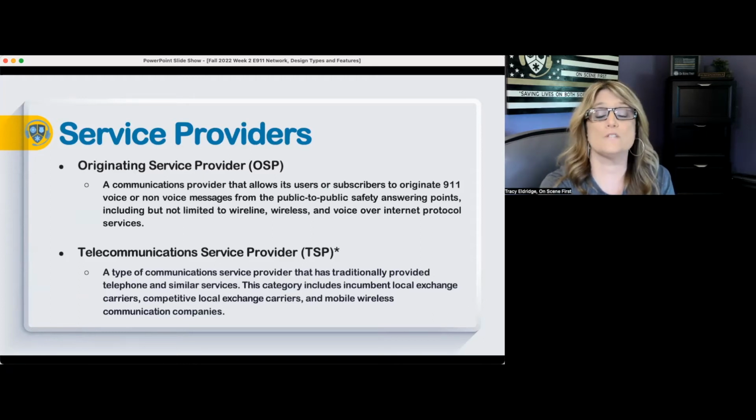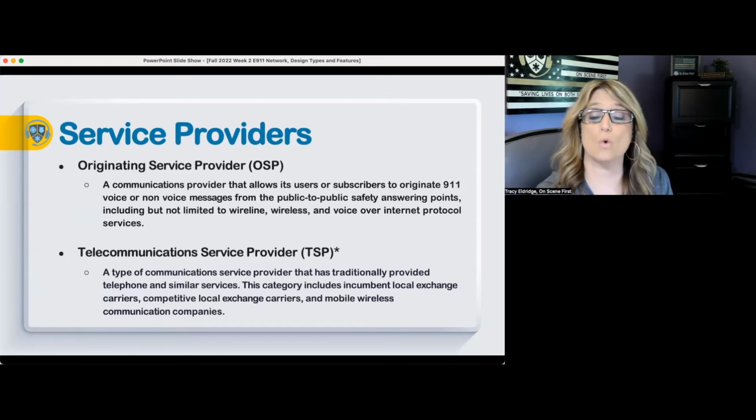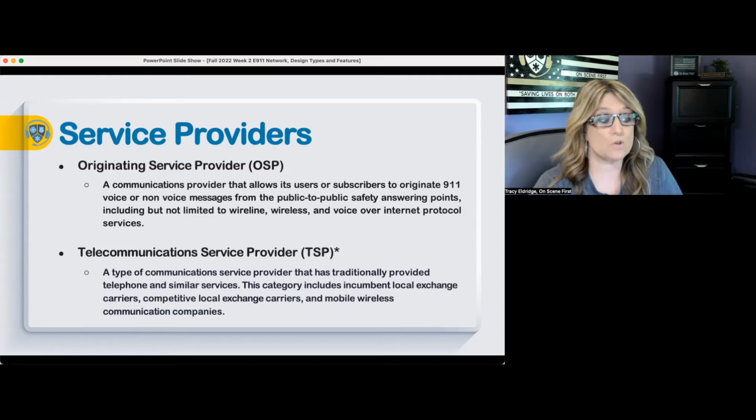The originating service provider is a communications provider that allows its users or subscribers to originate 911 voice or non-voice messages from the public to public safety answering points, including but not limited to wireline, wireless, and VoIP, voice over internet protocol services.